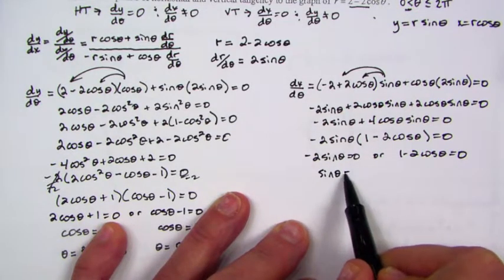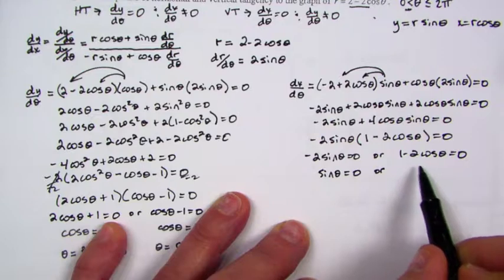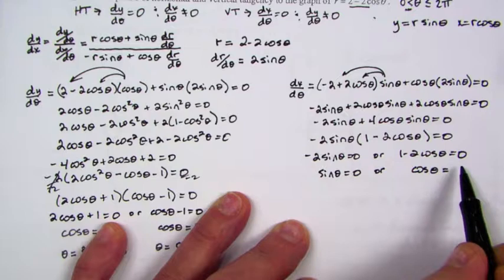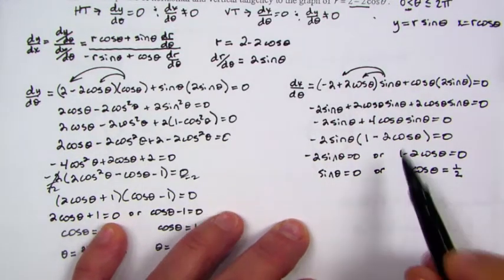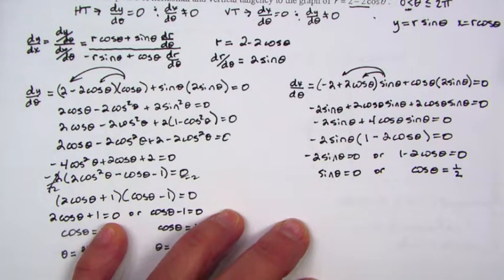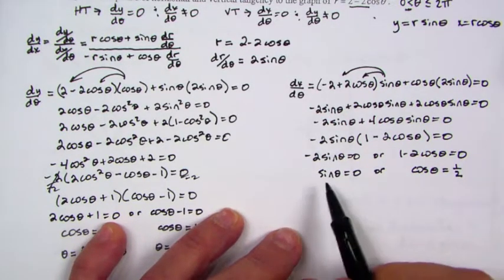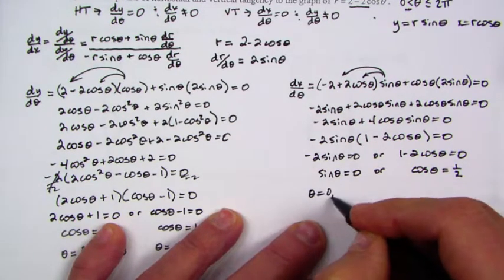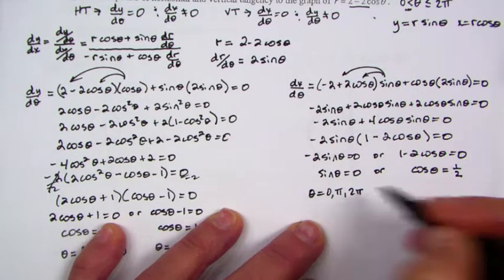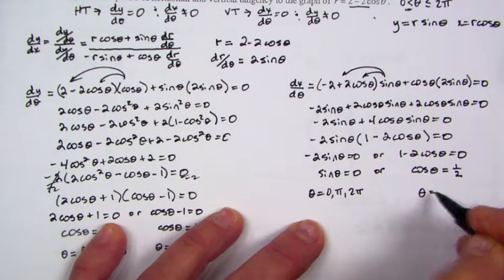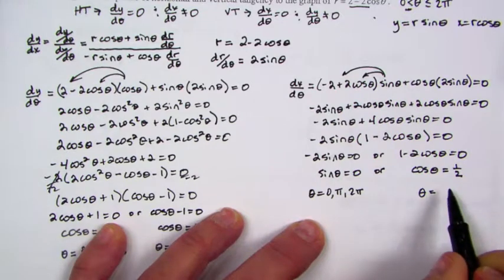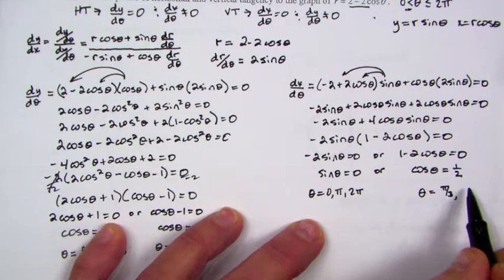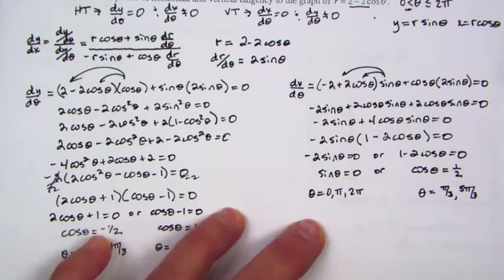So I'm looking for where sine theta equals 0 or where cosine theta would equal positive 1/2. Move the 1 to the other side and divide by the negative 2. So between 0 and 2 pi, sine theta is 0 at 0, pi, and 2 pi. And cosine is 1/2 at pi thirds in the first quadrant and 5 pi thirds in the fourth quadrant.